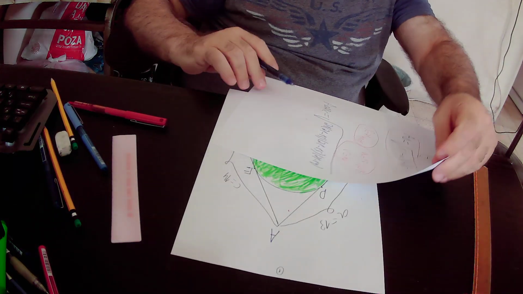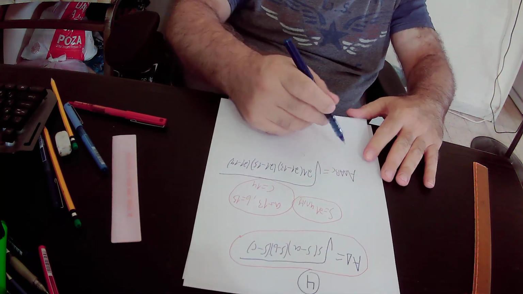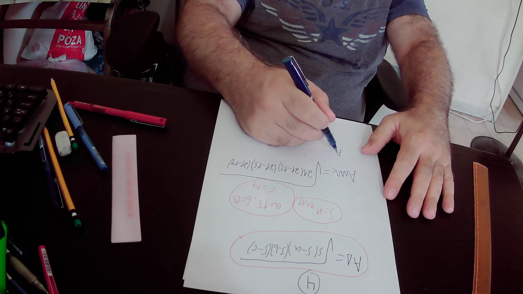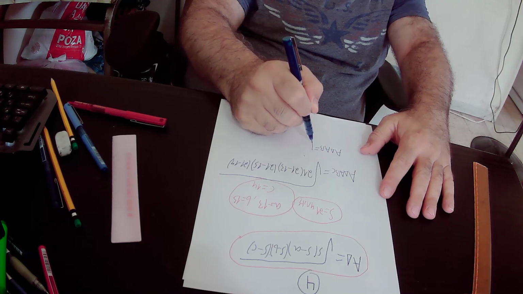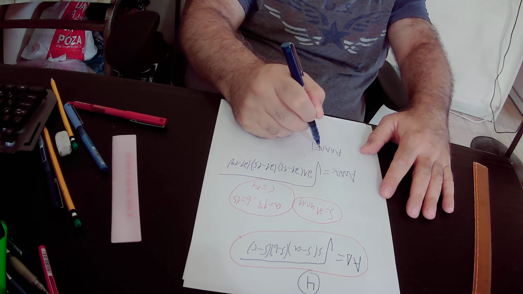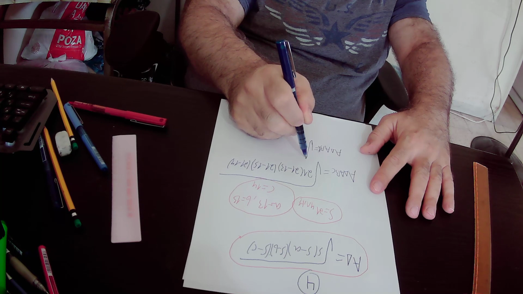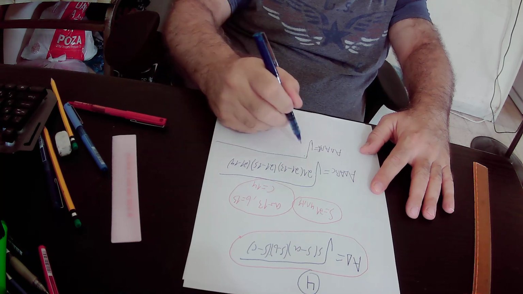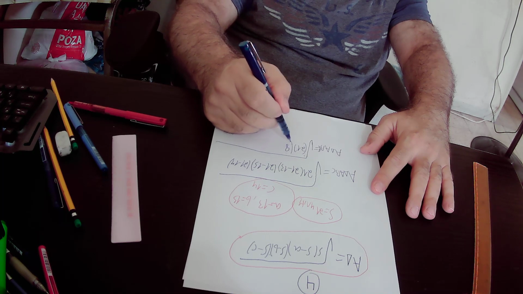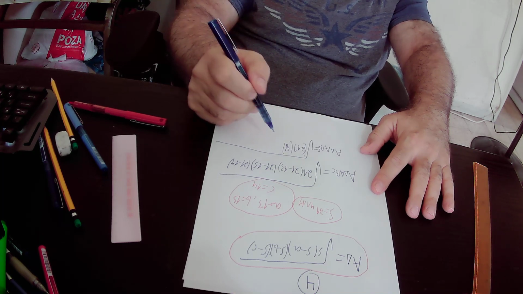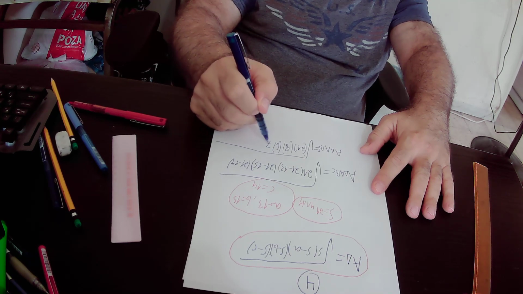We'll find out that the area of triangle ABC will be equal to the root of 21 times 8 times 6 times 7.